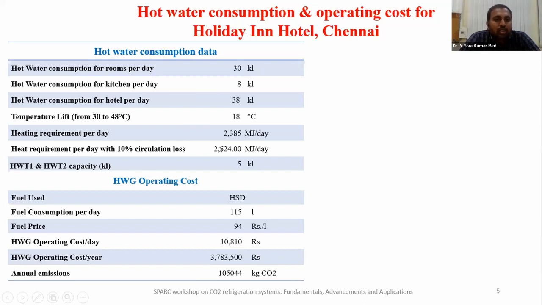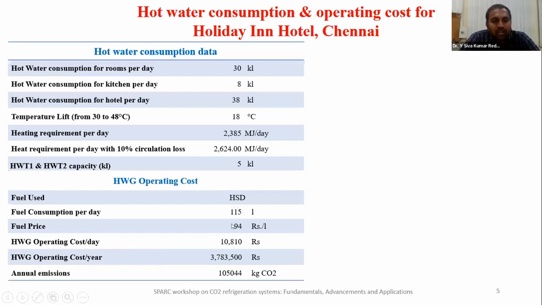This is the hot water heating requirement, and to serve this hot water, they are using 2 hot water tanks, one for rooms and one for the kitchen. This is the fuel they are using, high-speed diesel. Daily to serve this heat, they are using nearly 115 liters of diesel.